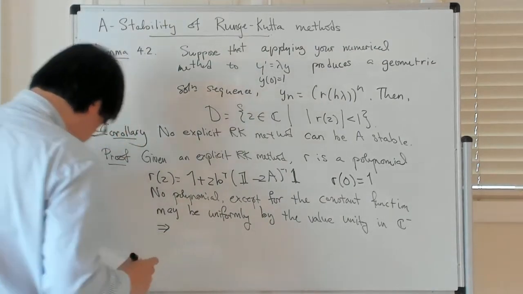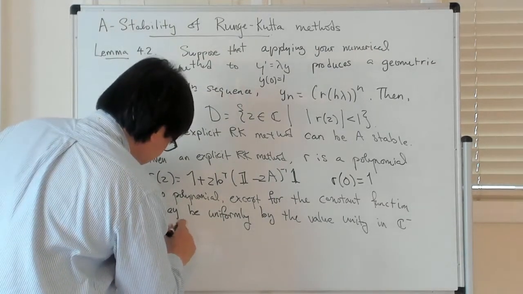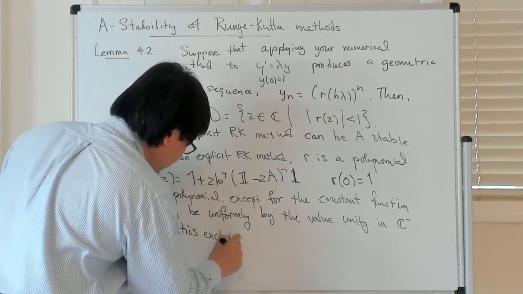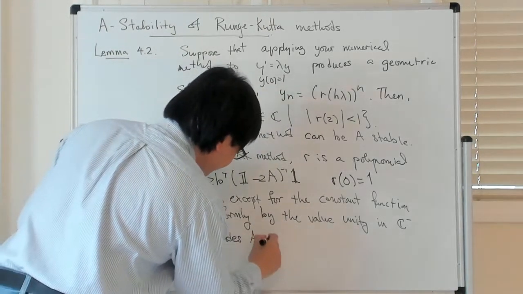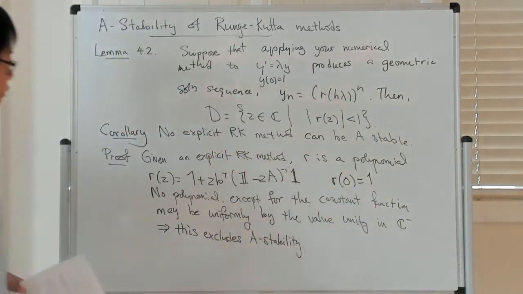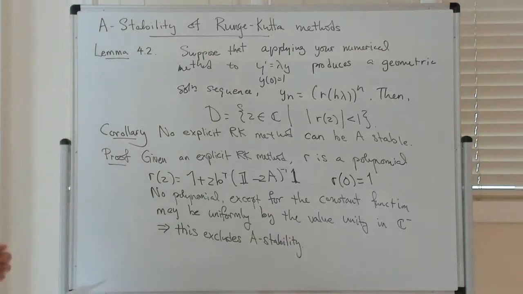So this excludes A-stability. So again, the basic bottom line is that if you have an explicit Runge-Kutta method, then it can't possibly be A-stable.